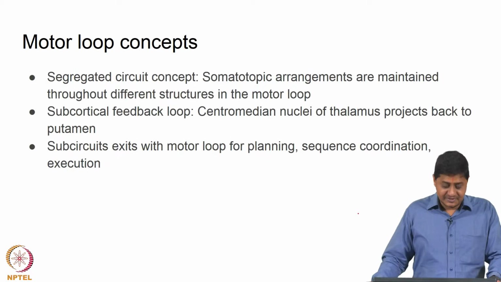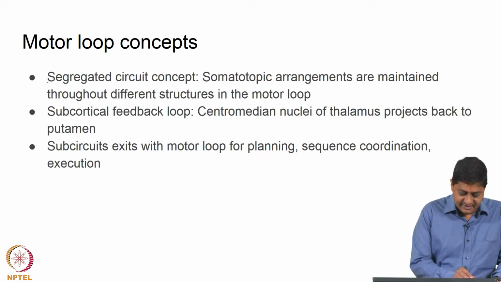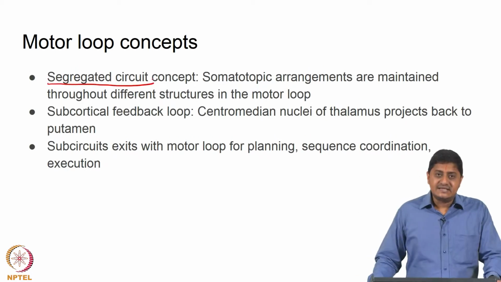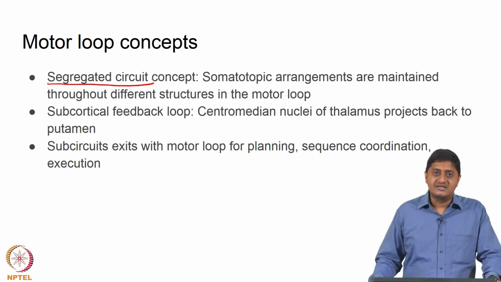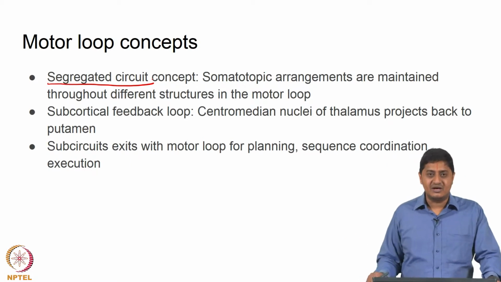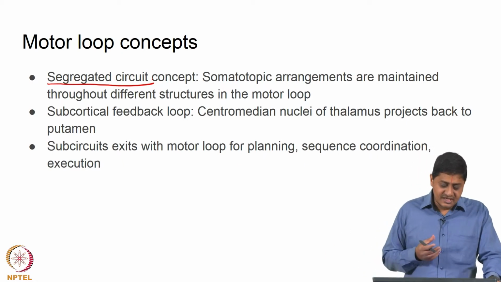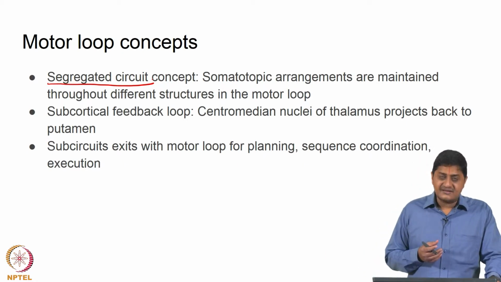An important principle is the concept of segregated circuits. In this, inputs received from different areas of the motor cortex, say for example the hand and the leg, are kept separate in the striatum, separate in the pallidum, and separate in the thalamus. So, essentially there is some sort of somatotopy.